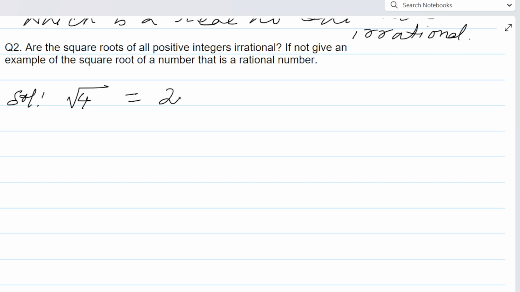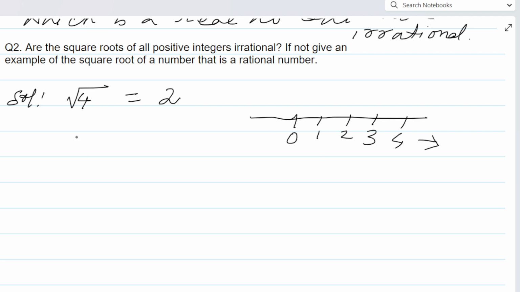Before that, what are the positive integers? Let me give you an overview. If I start from 0, this is my 1, this is my 2, this is my 3, this is my 4. It goes like this. These are positive, don't take negative, only the positive, because in the question it has asked for the positive numbers.